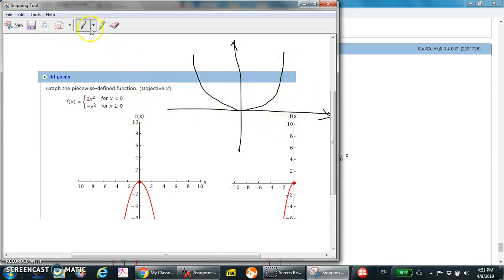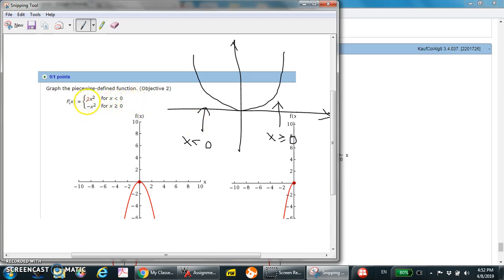Now, the piece on the left corresponds to when x is less than 0, because here all the inputs are negative numbers, and the piece on the right corresponds to when x is greater than or equal to 0.